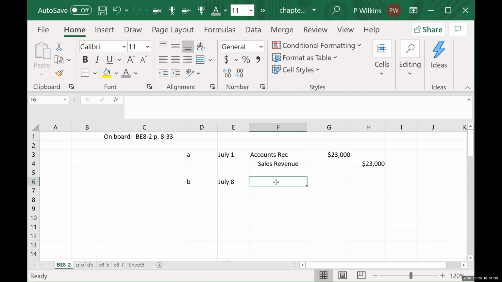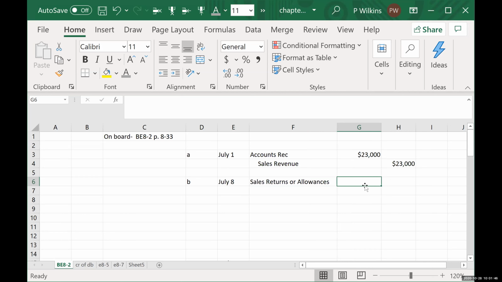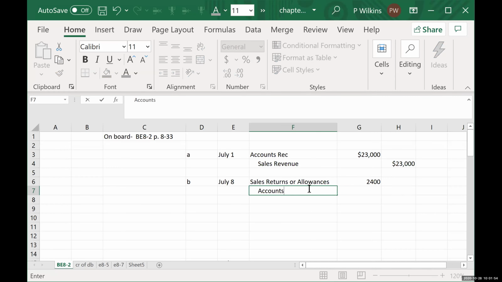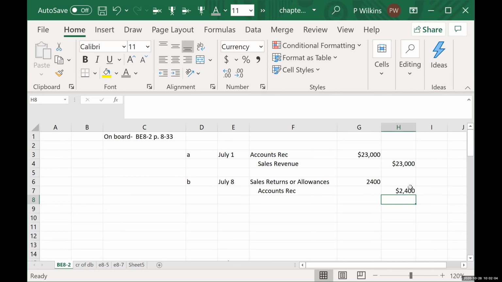When we're the buyer, everything does go to inventory, but as the seller, everything does not. So when we have a return or an allowance, we debit sales returns or allowances for the amount of return that the customer is getting credit for, the $2,400. We're going to credit accounts receivable for $2,400. And remember, we are omitting the cost of goods sold part. That would come next if it's a return, but we're not doing that in this chapter at all.